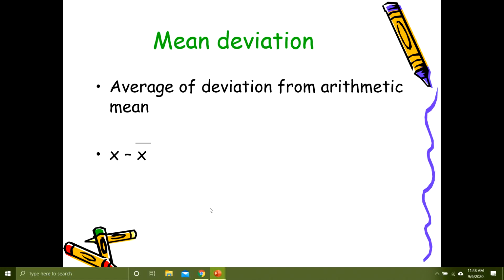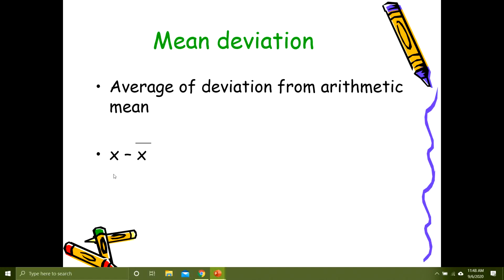Now I want to know how far my sample A is from the mean, how far my sample B is from the mean, and how far my sample C is from the mean, and so forth. So mean deviation gives you the mean of deviations between the observations and the mean.